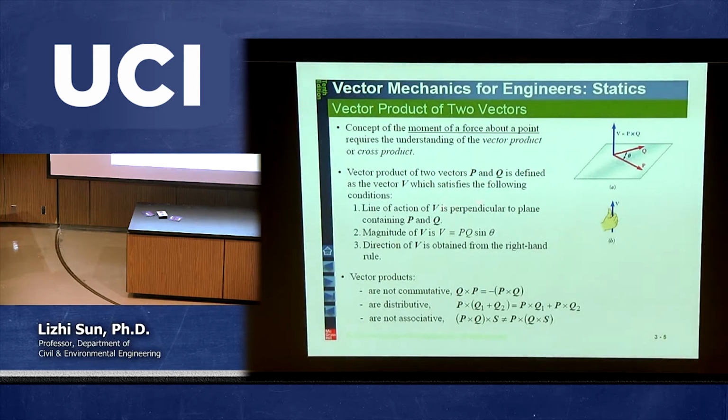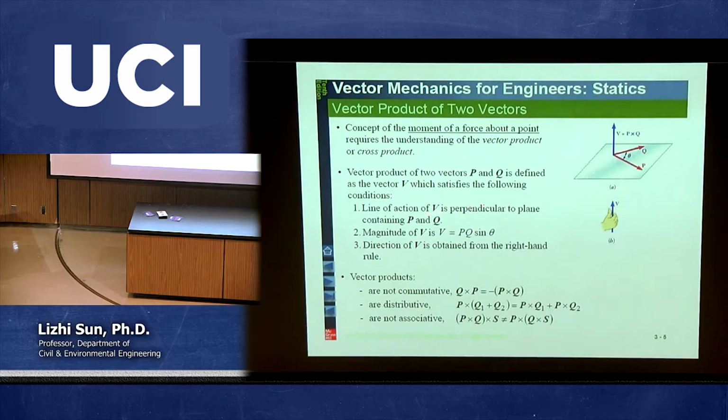Because the result is a new vector, we need to identify the magnitude of that vector and also the direction of the vector. So that's why, in order to define a vector product between P and Q, we have these regulations.